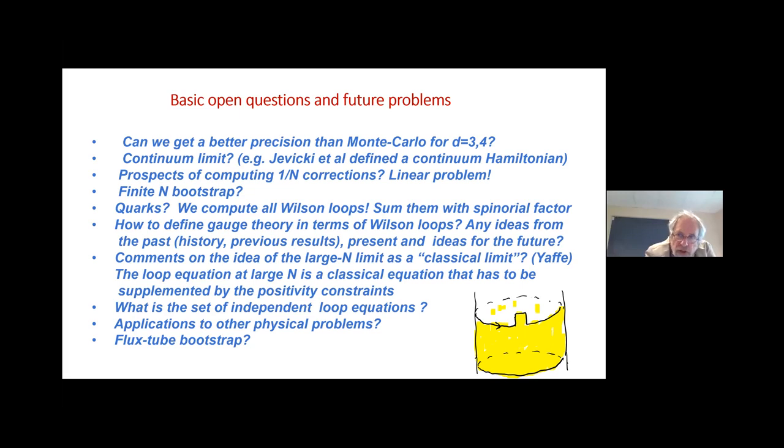My recollection from the time when I was interested in this was that in four-dimensional pure Yang-Mills theory, the confinement phase transition in temperature was observed for the standard Wilson action with unitary matrices, but it was not observed for adjoint matrices.